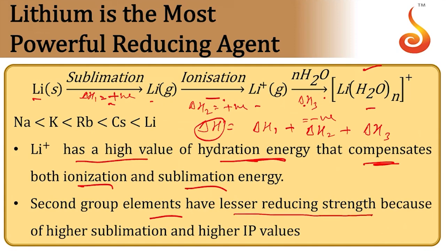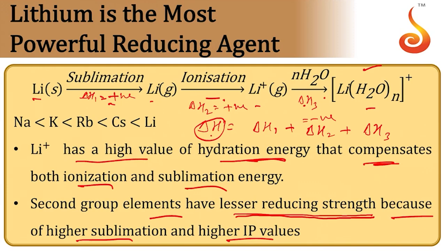When it comes to second group elements, they have lesser reducing strength. Lesser reducing strength means here the total delta H value must be less negative when compared to first group elements. That is because of higher sublimation as well as higher IP values.